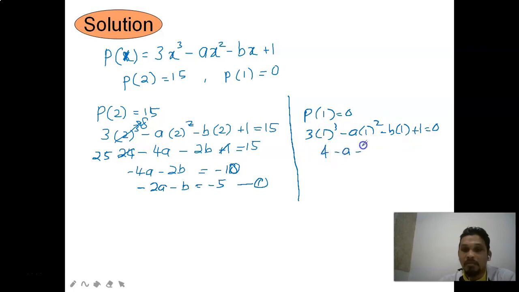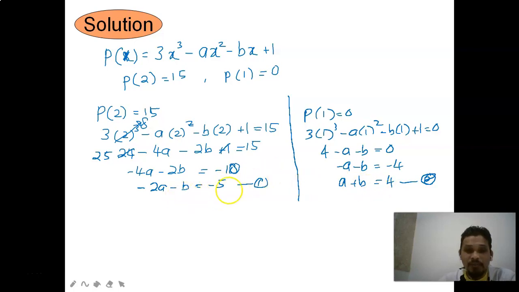Minus a minus b equal to 0. Then negative a minus b equal to negative 4. So bring 4 to the other side, it becomes negative, multiply by negative 1, and here it becomes a plus b equal to 4. Equation 2.